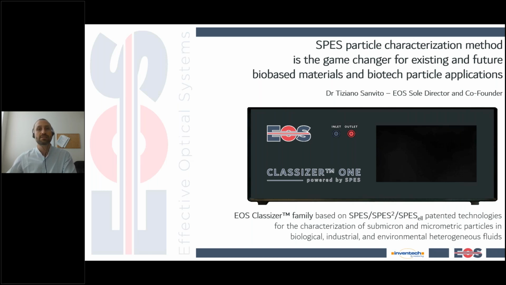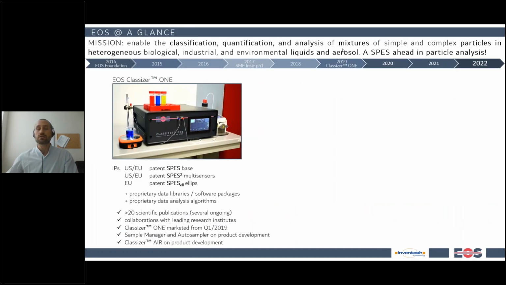Especially, I will present you Classizer 1, which is the device based on this novel method for the analysis of particles. Just a sketch of our history. EOS started a few years ago with the mission of enabling scientists and researchers in the analysis and quantification of particles, and in the characterization of particles in mixtures of simple and complex particles, also in heterogeneous fluids for biological, industrial, and environmental applications.